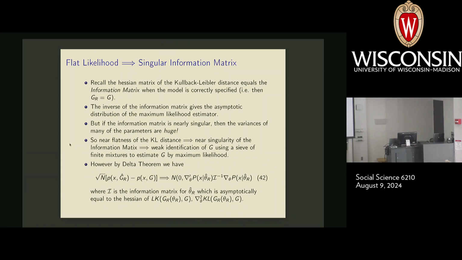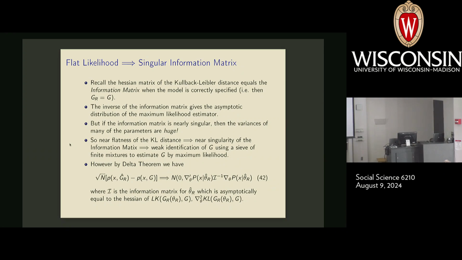Okay? Now, what's an interesting paradox, so you'll find this if you compute the information matrix. The information matrix is for a parametric model. The covariance of the parameters is given by the inverse of the information matrix. On the other hand, the standard errors of the parameters are huge because the information matrix is almost singular.